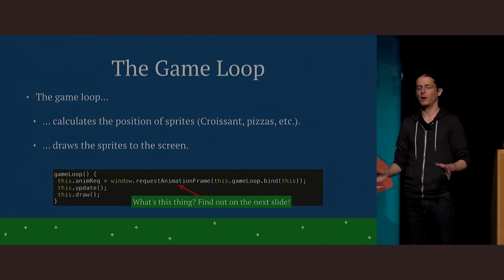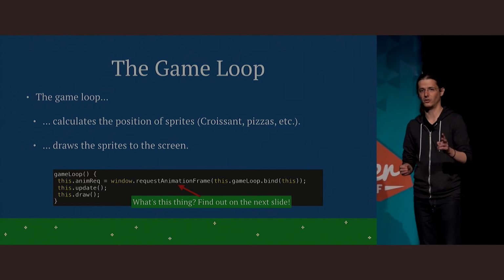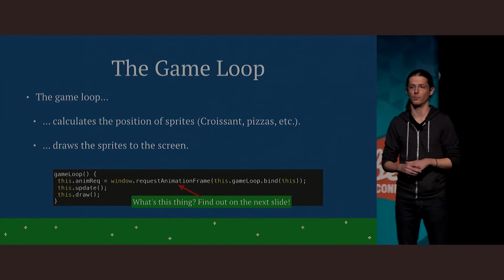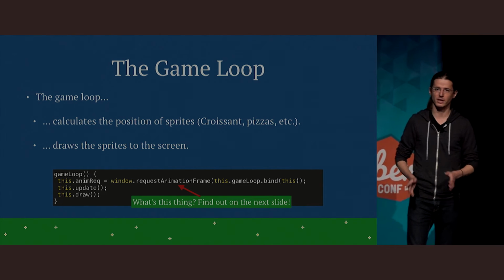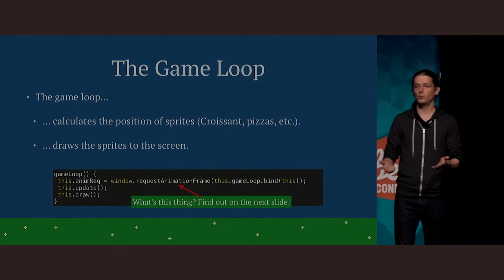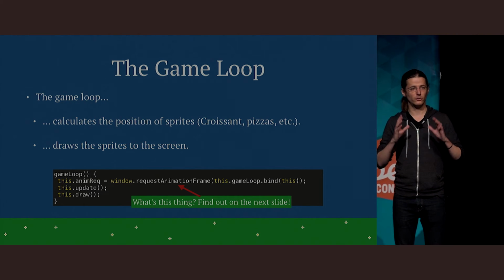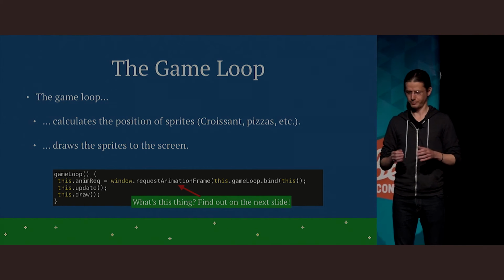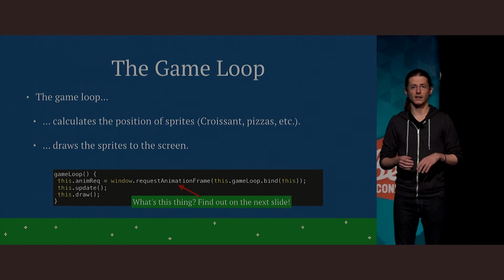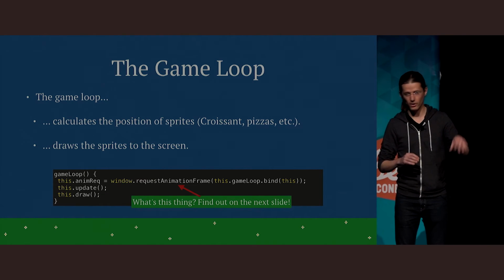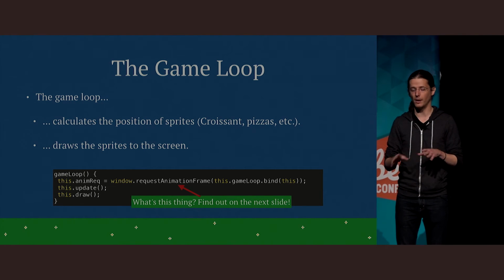To talk about how we do the playing and the pausing, I have to take two digressions into how the game works. The first one is the game loop. The game loop is something that just about every game will have, and it has two main things it needs to do. It'll run forever, and it will, one, update the positions of the sprites on the screen, like where Croissant is, where the pizzas are, where the cat beds are.